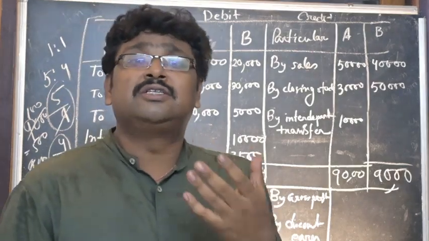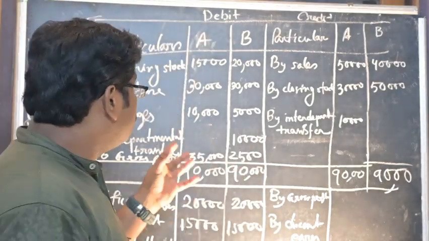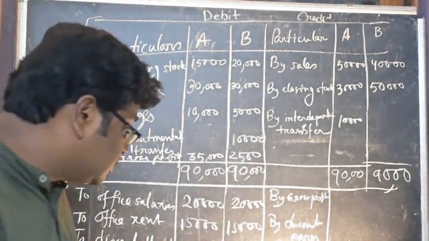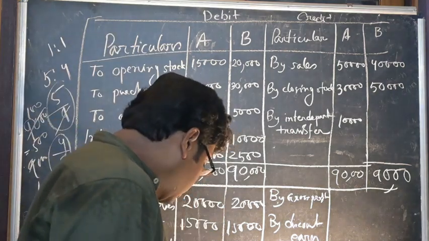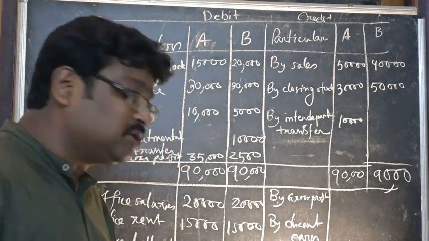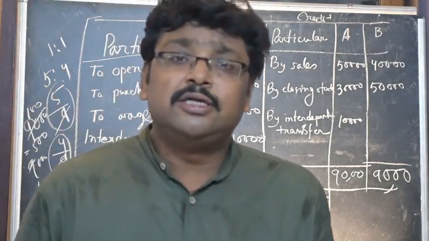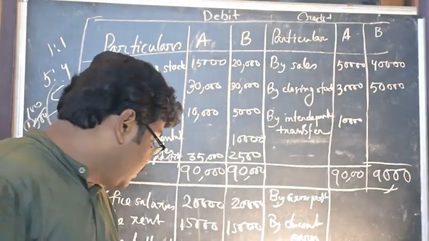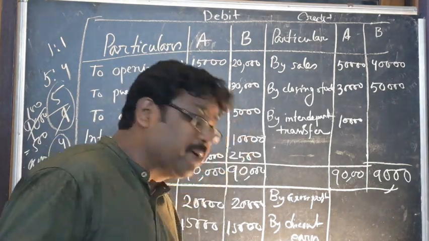Now another particular is the discount earned, which in the given information is 20,000. I hope you remember that the discount earned is 20,000, and it is related to the purchase.